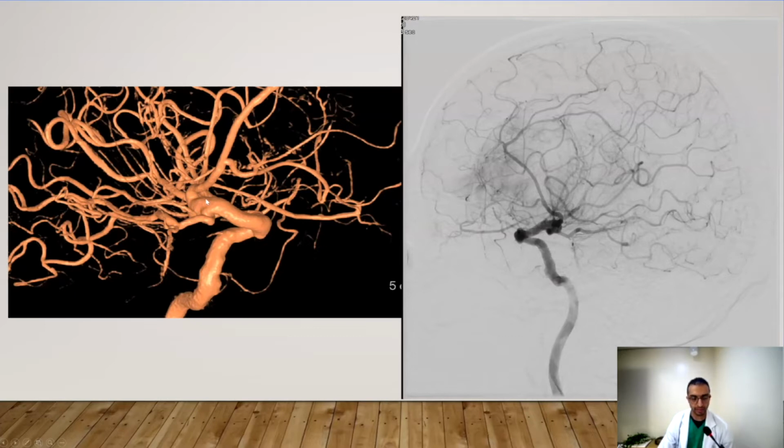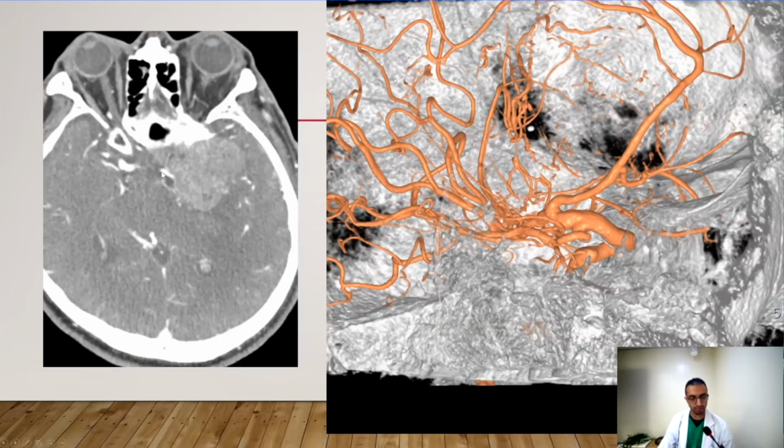So at that time, 3D was done. We can see clearly that it is rather originating from the ACA, not from the carotid ophthalmic segment or siphon. Here it's more prominent, and I can get an enhanced CT scan, which confirms that it is originating from the ACA, mostly from the A1.